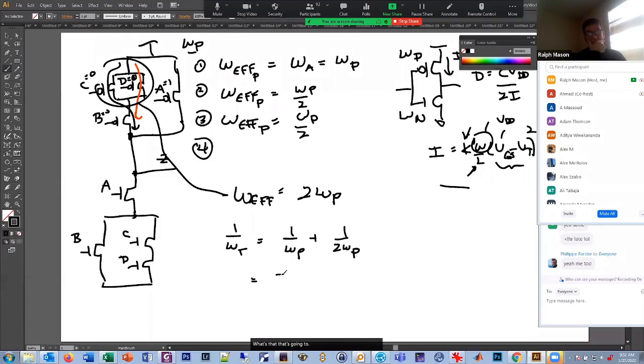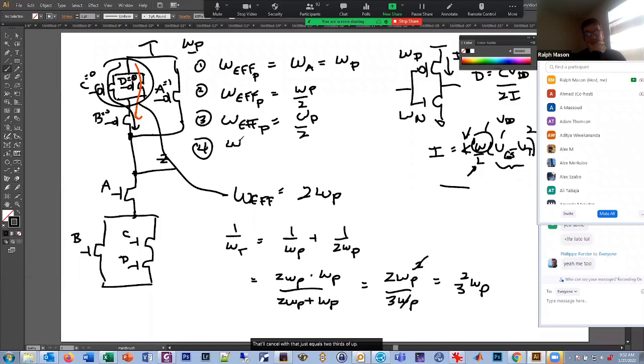That's going to be equal to WP times 2WP over 2WP plus WP, which will be equal to 2WP squared over 3WP. And that'll cancel with that, which just equals 2/3 WP. So W effective equals 2/3 WP.